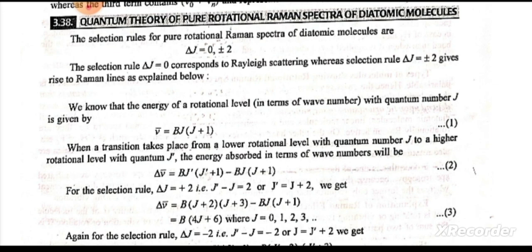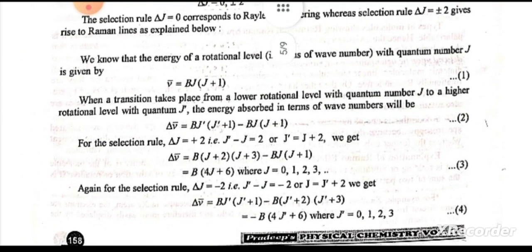We know that the energy of the rotational level in terms of wave number with quantum number J is given by v bar is equal to BJ into J plus 1. When a transition takes place from a lower rotational level with quantum number J to a higher rotational level with quantum number J dash, the energy absorbed in terms of wave number is given by delta v bar is equal to B J dash into J dash plus 1 minus BJ into J plus 1.